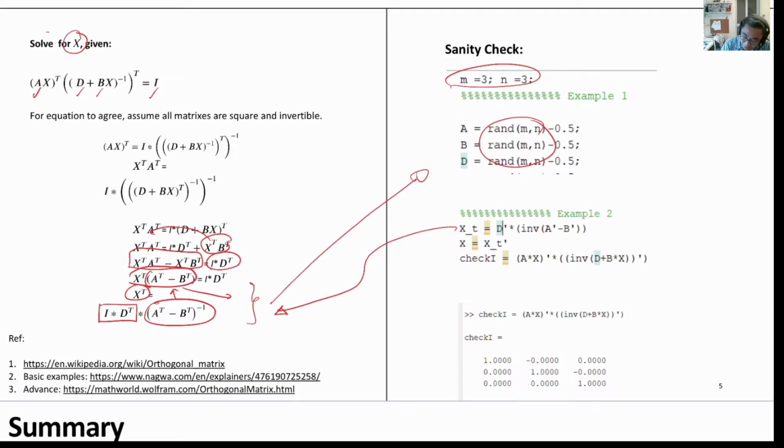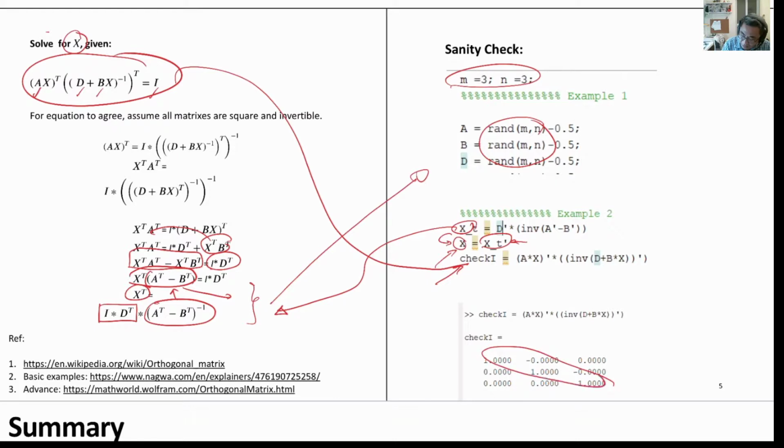Once we have solved for X transpose, we can get X, because all we do is use the transpose operator. We want to check for I, that is, we will put all these values in this equation and see whether we'll get an identity, and in this example, yes we do, showing that our algebra was correct.